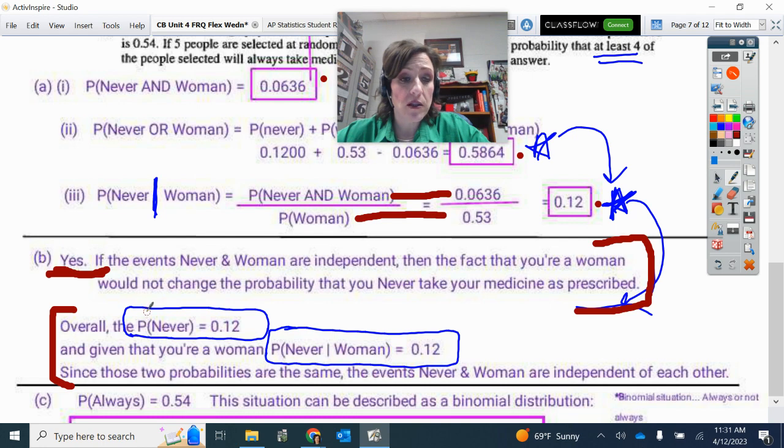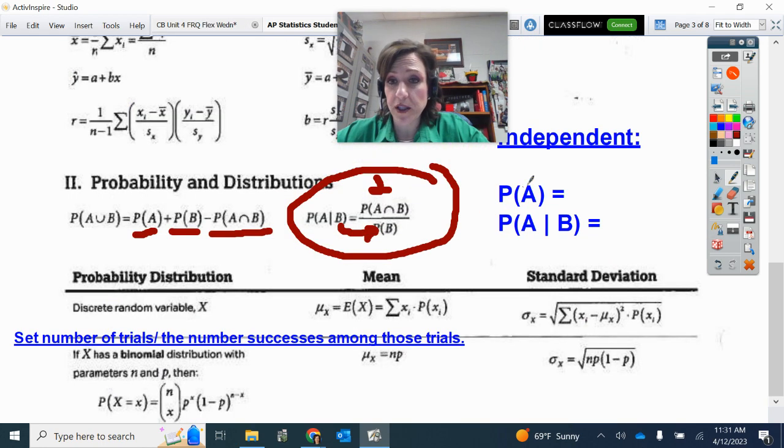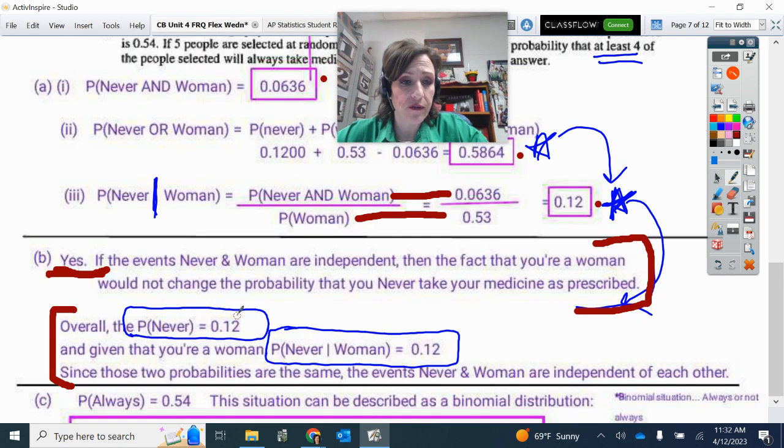See, overall, the probability of never was 0.12. So if you think about it here on this formula chart, that's putting never for A, overall never, and then the conditional never, given that you're a woman. Okay, so that's what I did here. Overall never, and then probability of never, given that you're a woman, was from this part 3 right here.